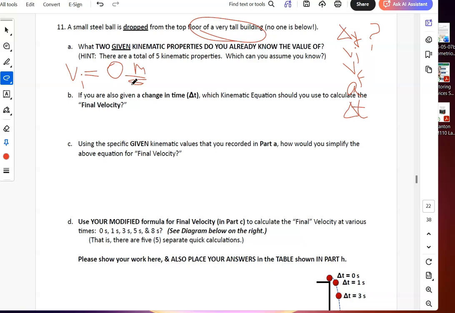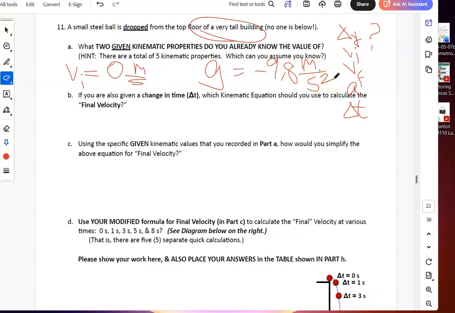The acceleration, well, this is a vertical drop. So the question is, is it a free fall acceleration, in which case the acceleration is g, or is it something else? Well, it's a steel ball. We're going to assume there's no significant air resistance, and therefore the acceleration will be g. And we know the value of g. It's negative 9.8 meters per second squared.